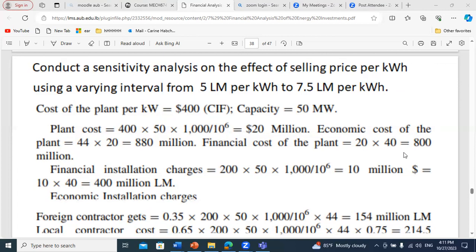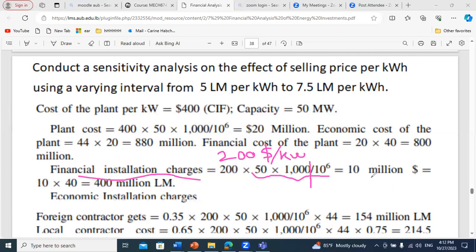Now, this is not the only cost of the plant, because they also told us that we have additional installation charges. And for the charges, they said that for each kilowatt, we need $200. So as we did for the plant cost, we'll do a similar calculation for the installation charges. We'll consider first 200 times the number of kilowatt, because here it's per kilowatt. So we have to multiply by the capacity of the plant, which is 50 megawatt, or 50 times 10 to the power 3 kilowatt.